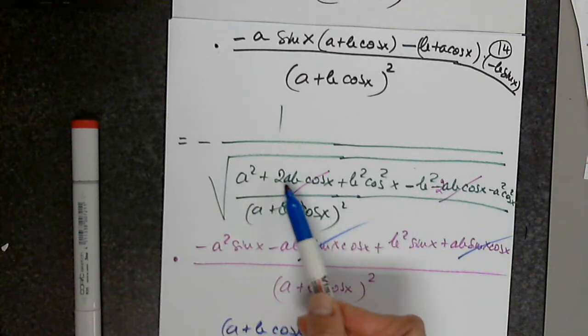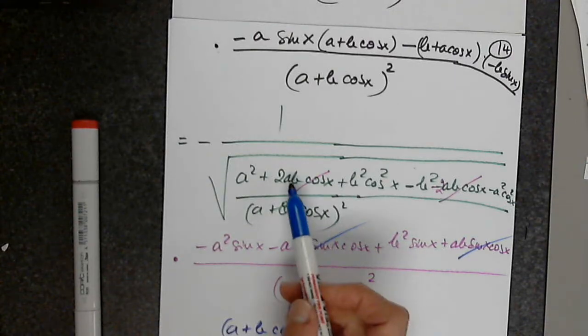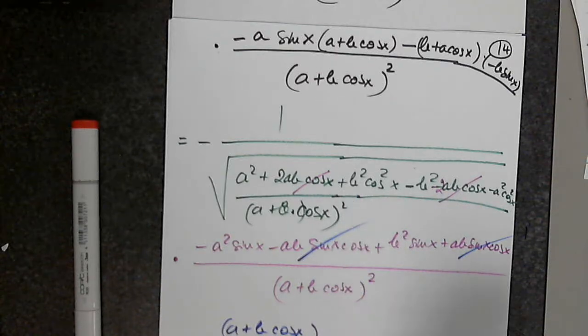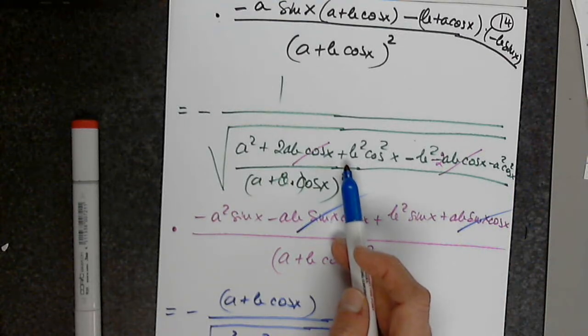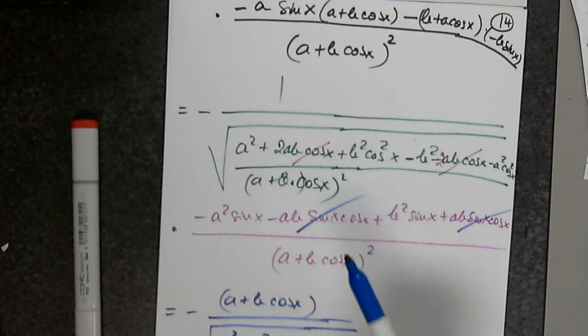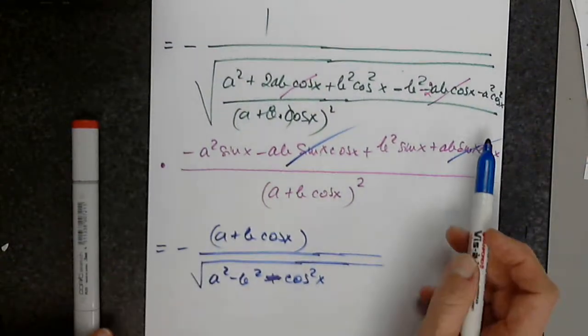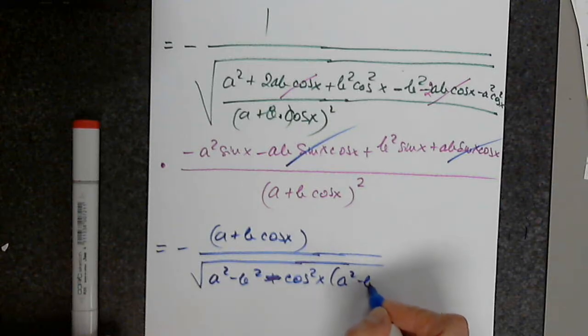I'm thinking that if I write a squared minus b squared plus, and even if I factor cosine squared, negative cosine squared. Oh, I can still simplify. Interesting. A squared minus b squared.